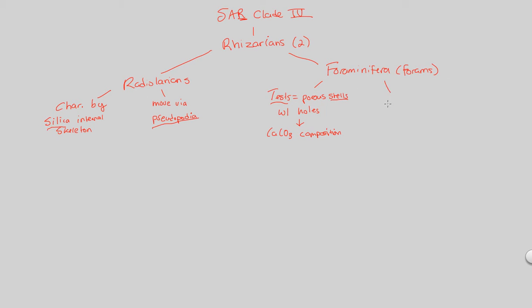And then finally about foraminifera, or the forams, they have a hard outside structure, shells. When they die, they form thick marine sediments. So that means they live in the oceans probably.